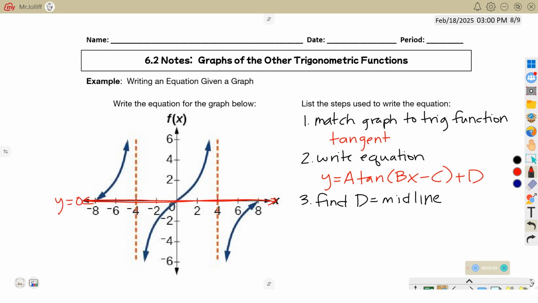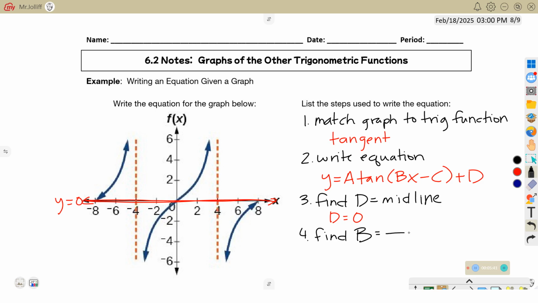So I think that my d is likely 0. This tangent hasn't been shifted up or down. If it's a U shape, if it's a secant or cosecant, we're looking for the line that's halfway between the bottom of the up U's and the top of the down U's. If it's sine or cosine, we're looking at the line halfway between the peaks and the valleys. Good.